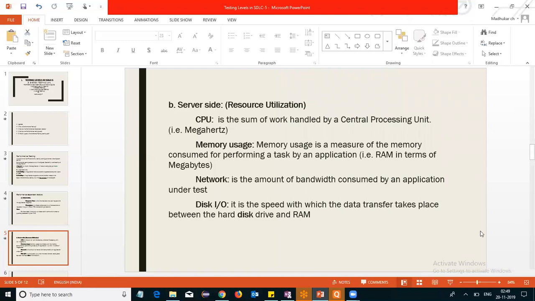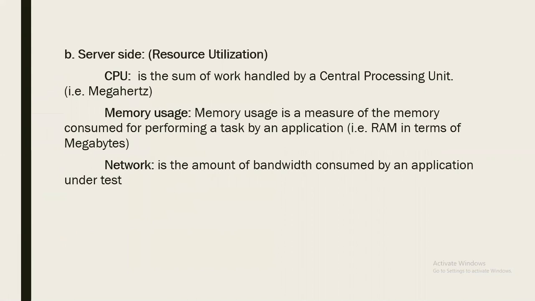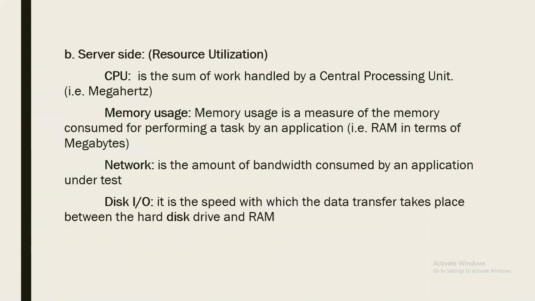In general, an organization is going to maintain a separate team to do the performance testing. After functionality testing, a separate team is going to do the performance testing. But manually it is difficult to perform.